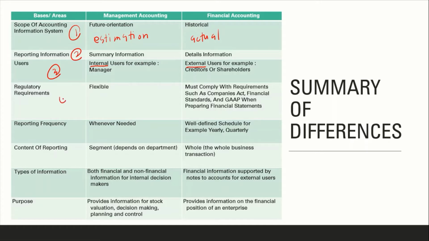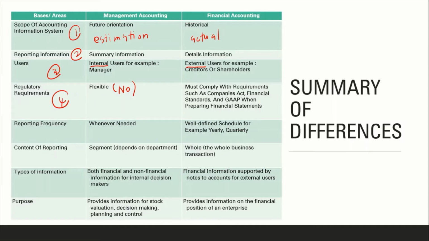Okay, the fourth one is regulatory requirements. So management accounting is flexible or has no requirement. They don't have any standard, they don't have any rule to follow. They just do the information that is needed.